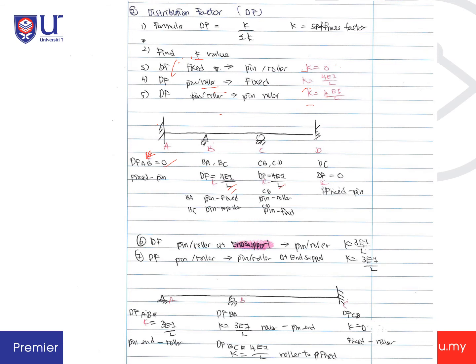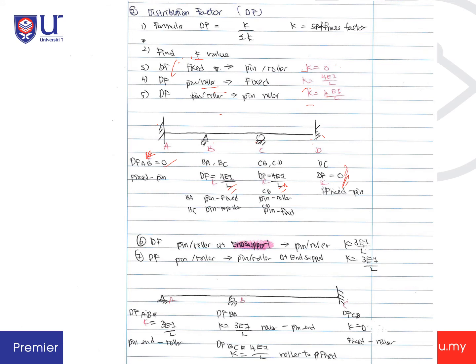BC will be 4EI over L. CB will also be 4EI over L. CD is 0, and DC here is also 0. Remember for the distribution factor, fixed end to pin or to roller will be 0.